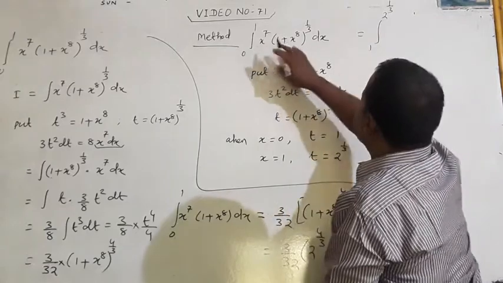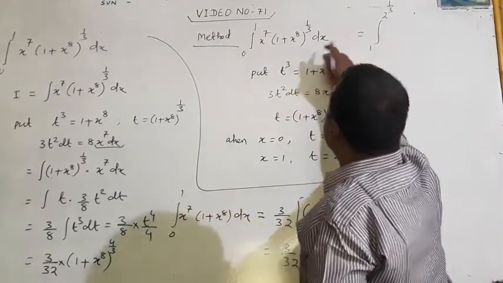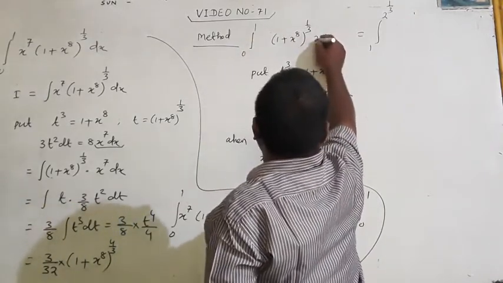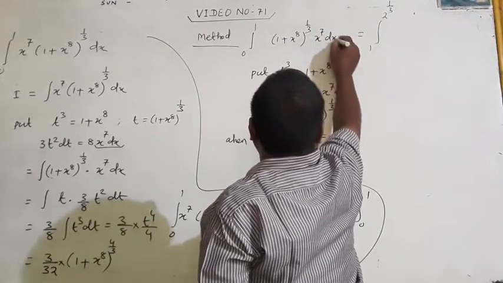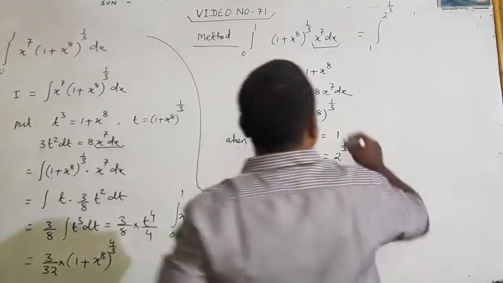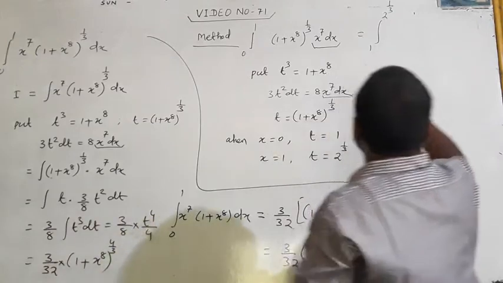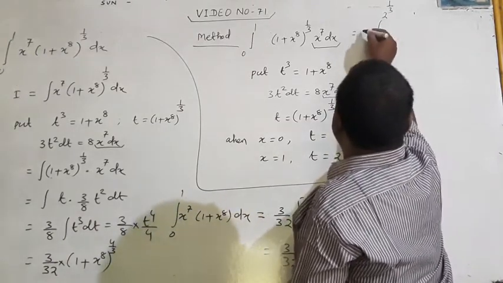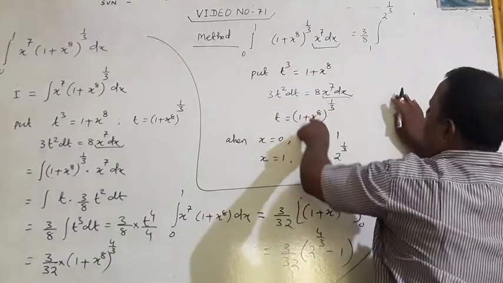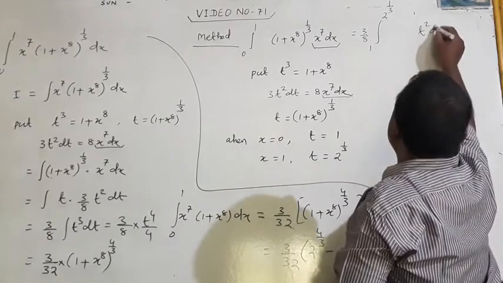And this integration becomes, I am writing this x to the power 7 in this place, x to the power 7 dx. In this place, x to the power 7 dx, you have to write 3 by 8 t square dt. The 3 by 8 will go outside.